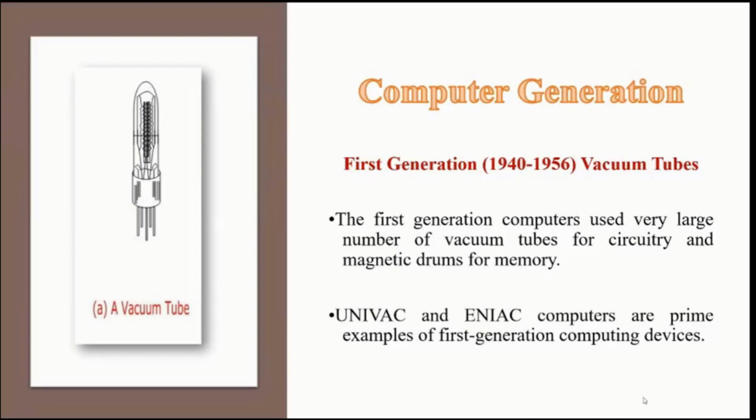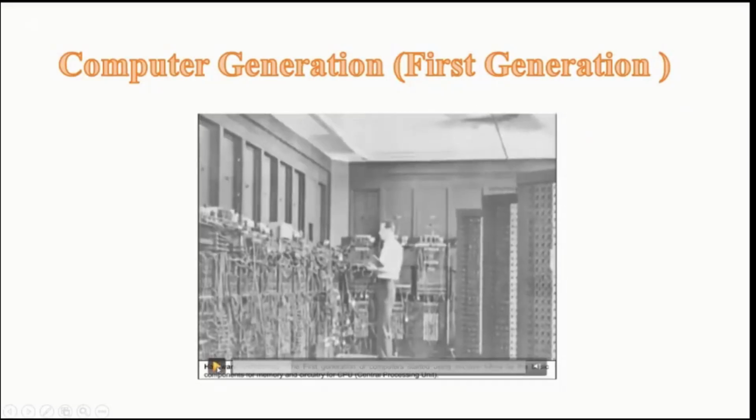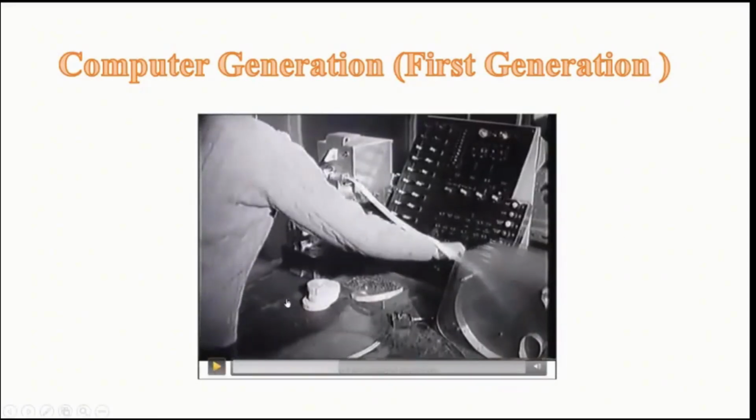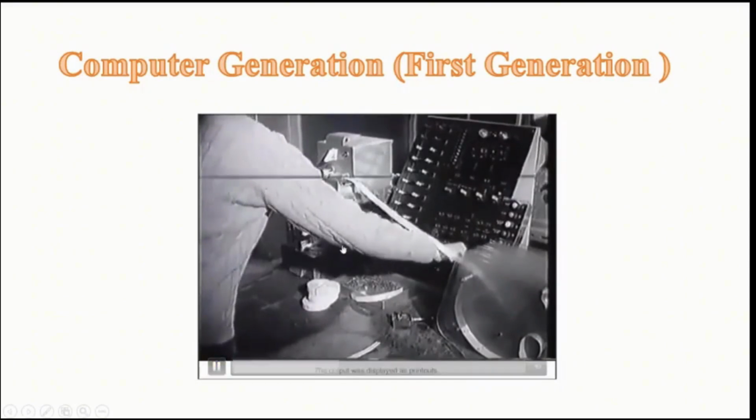Two prime examples of first generation computers are UNIVAC and ENIAC. This is the first generation computer, as big as possible. This is the input, and these are the outputs that we get from this computer.